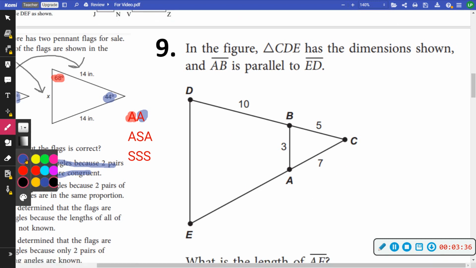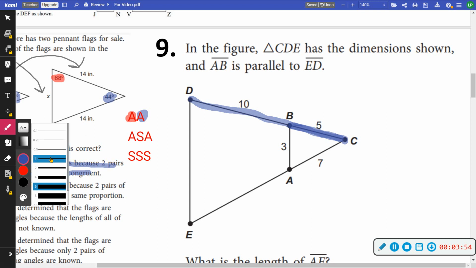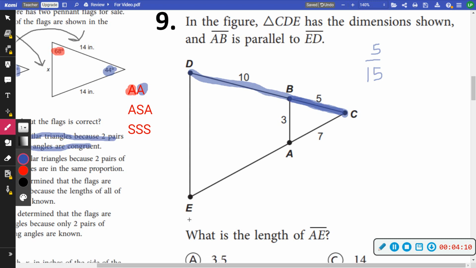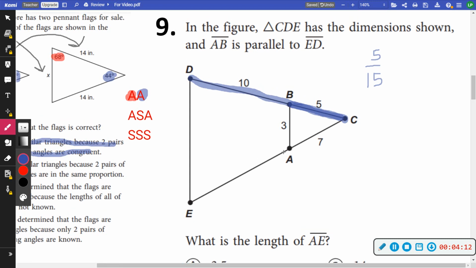So let's set up our proportion. I'm going to do this side, 5, to the whole side. So the whole side would be 5 plus 10. So it would be 5 to 15. And they want me to find the length of AE. So AE would be this one.